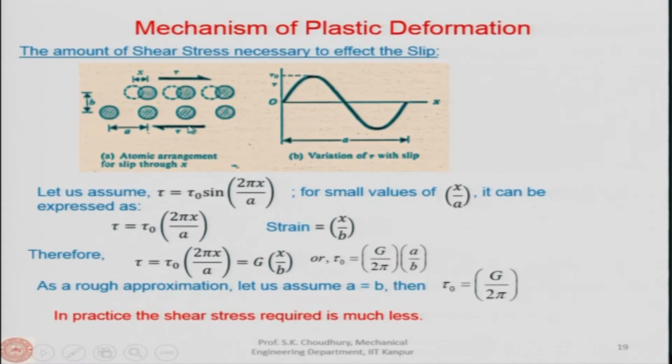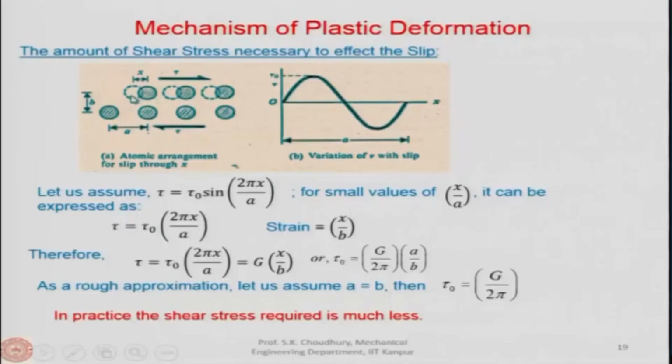Now, there is a shear stress applied, here the direction is like this. So, this way the shear stress has been applied, and this is the initial position, the dotted line shows the initial position of the atom in the lattice structure, and the hatched line is the position it is taking at this moment. So, this layer is moving with respect to this layer.